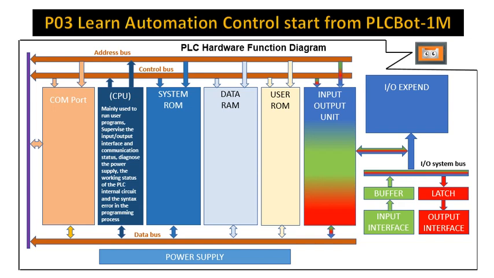The CPU is used to run user programs, supervise the input-output interface and communication status, and diagnose the power supply, the working status of the PLC internal circuit and the syntax error in the programming process.